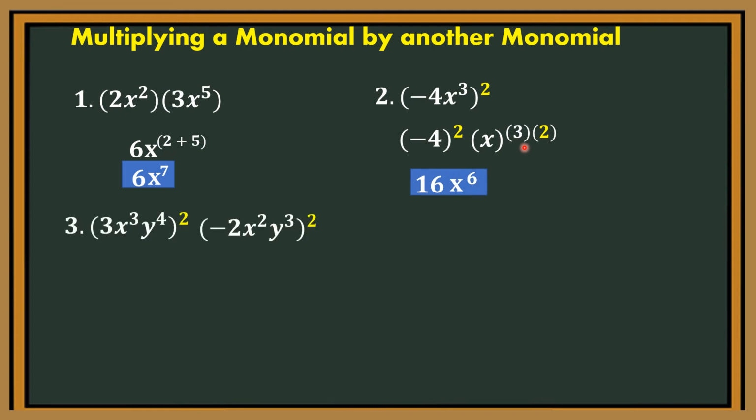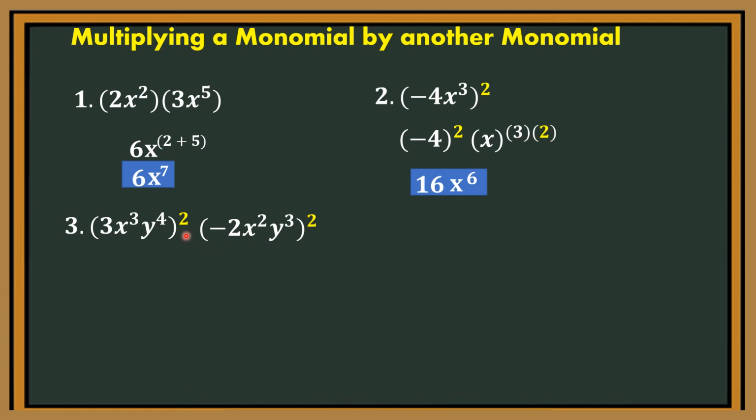Number 3. So how do we multiply the two monomials? Since we have here exponent outside the parentheses, all you have to do is to distribute it inside. Same with second monomial.